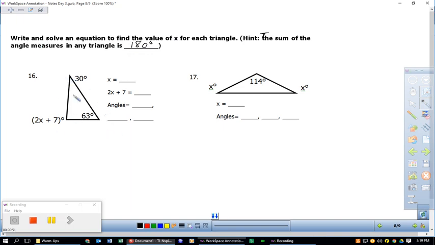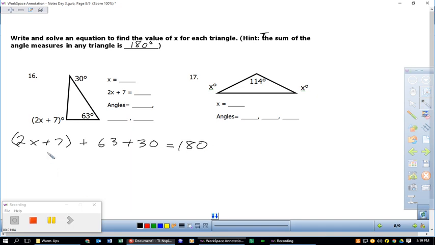So let's go ahead and do that. Add the first one, 2x plus 7 plus 63 plus 30. That should be 180, right? So let's actually solve this and see what x is.